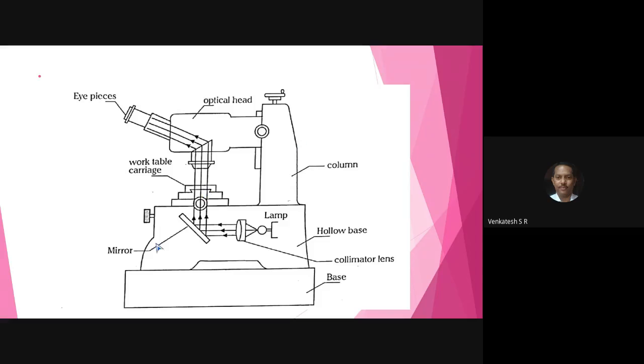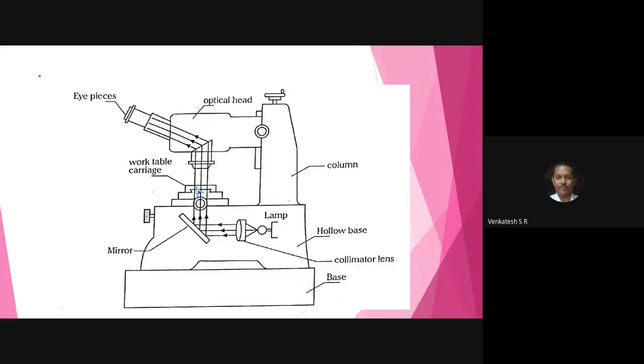Then the light coming from the lamp, which intersects the workpiece, passes through the eyepiece, and there will be a crosswire in the eyepiece. After adjusting the light rays by looking in the eyepiece, you can adjust the crosswire to read the pitch. The definition of pitch is the distance between two peak points of the thread.